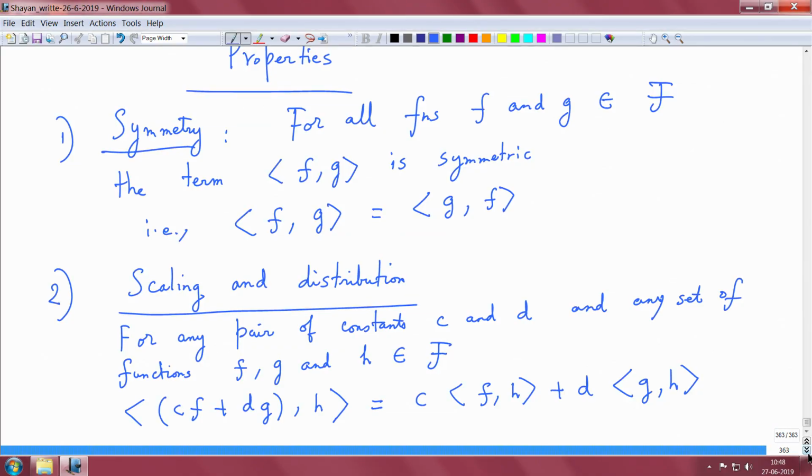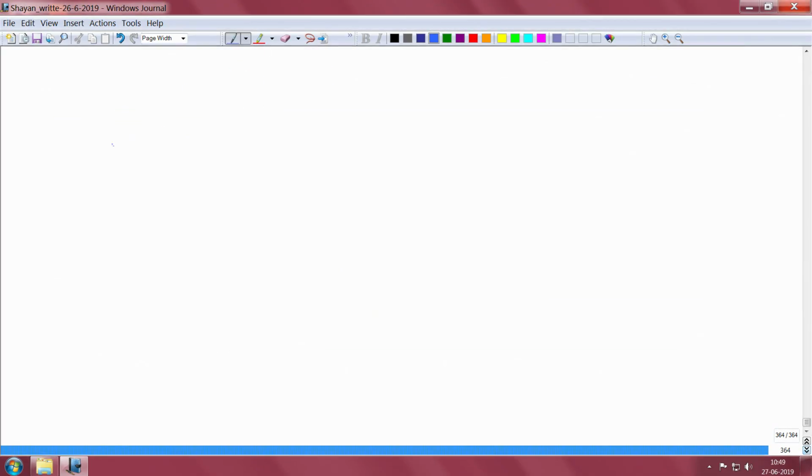There is another property, which is the square norm property.